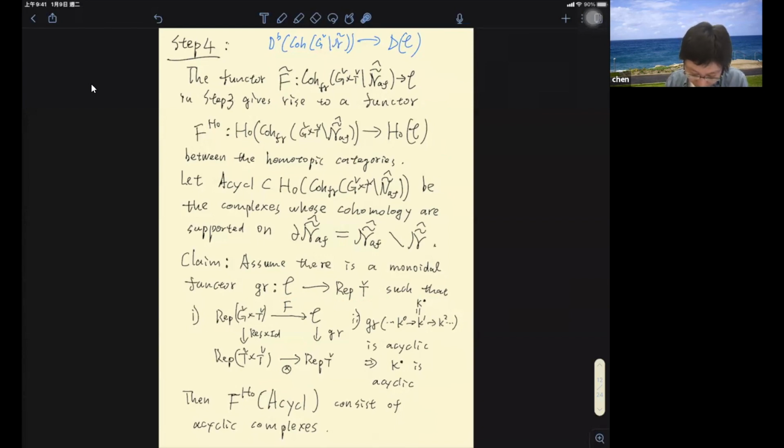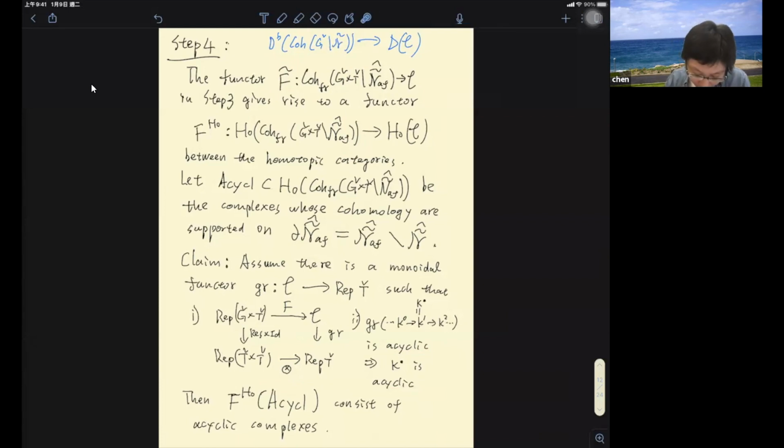First, this monoidal functor is compatible with the input tensor functor, in the sense that the composition factors through the restriction and then the natural tensor product on Rep T. The second property is that this functor is conservative: if we map a complex to a cyclic complex, then the original complex is cyclic.